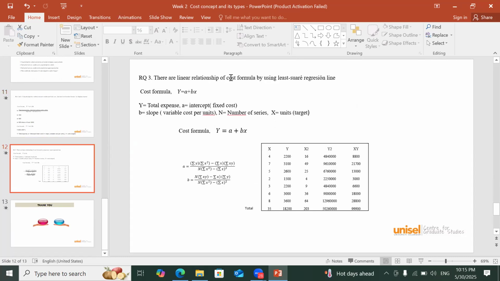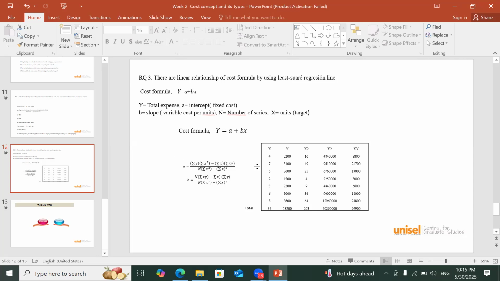Okay, this is another one: the variable cost and fixed cost on the basis of the least square regression line. A is equal to this formula, B is equal to this formula. A is equal to summation y into summation x square minus summation x into summation xy, divided by n into summation x square minus summation x whole square.